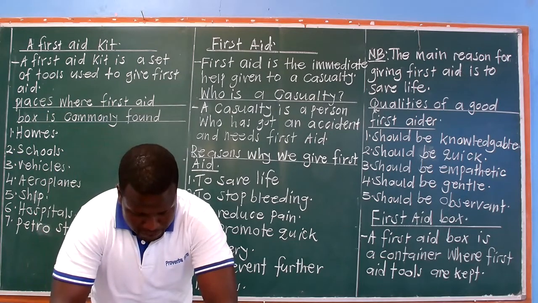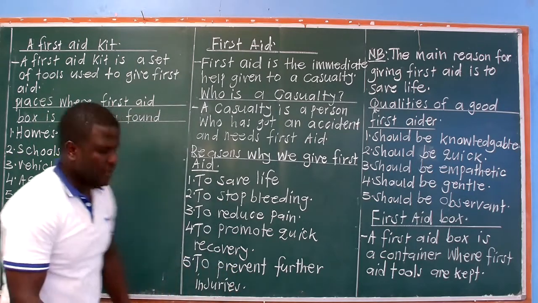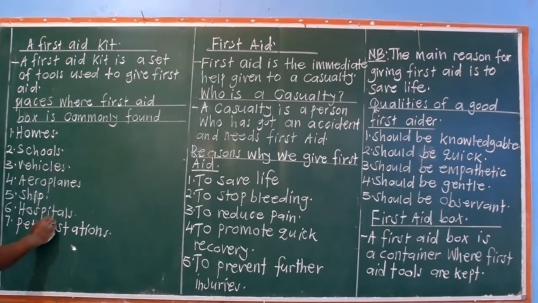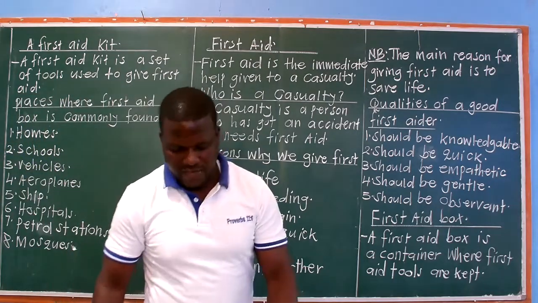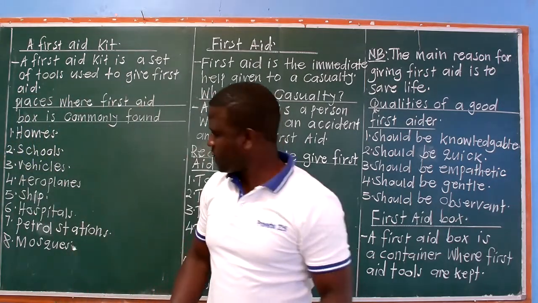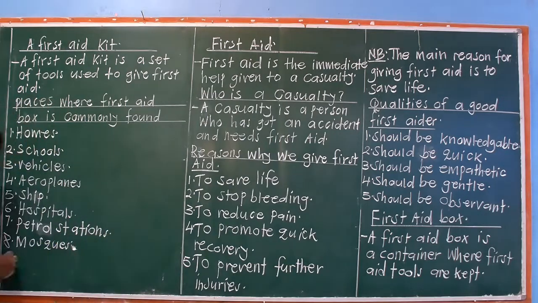So all these are areas where first aid boxes should be found. Homes, schools, vehicles, even in mosques. There are areas where one can find first aid boxes, including churches.